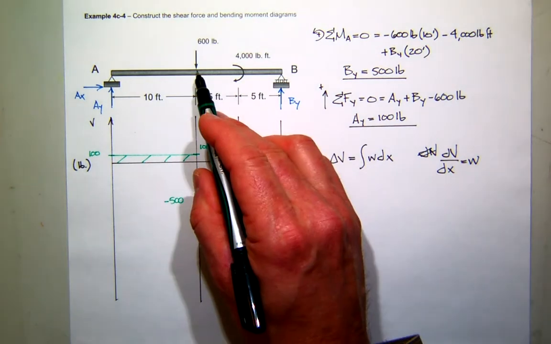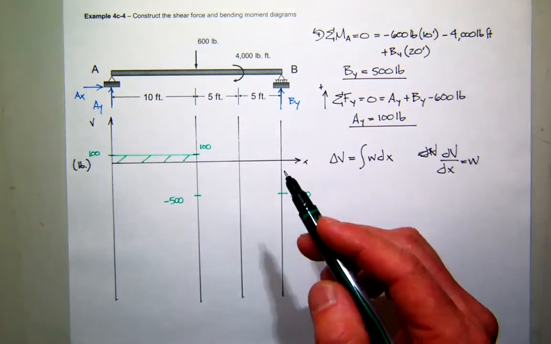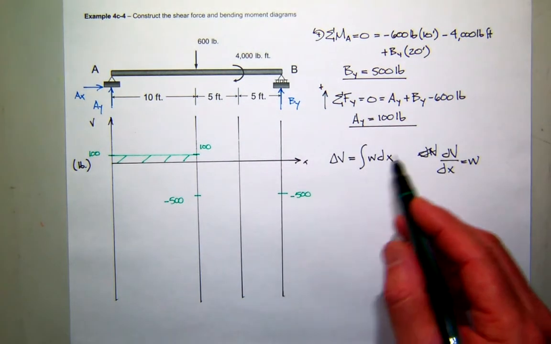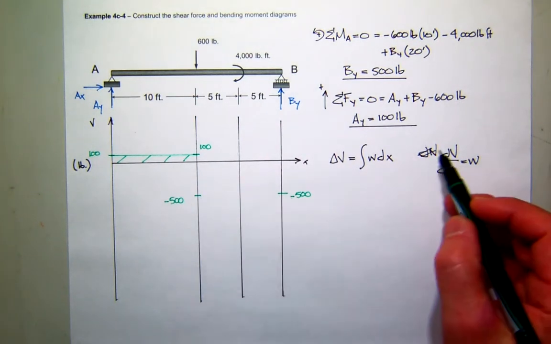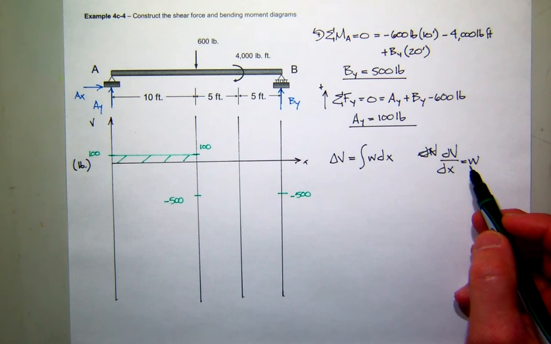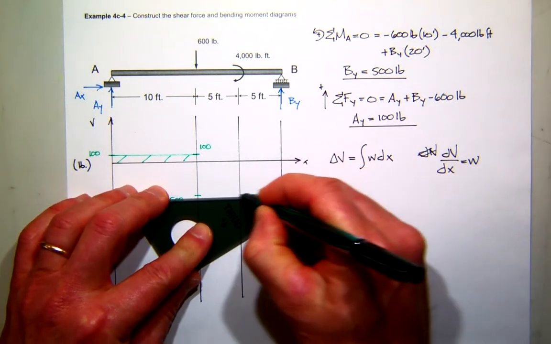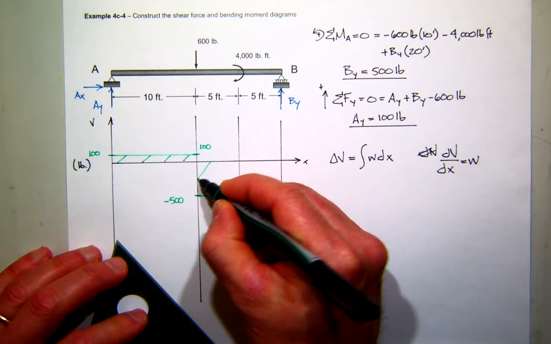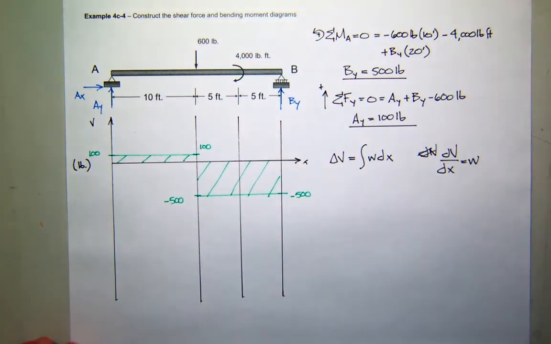Look at the load, the force. There is no force, so there is no change. So that matches. The slope of that curve is equal to the load. Well, the load is 0. That means that curve has a 0 slope. And there it is. So there's my shear force diagram.